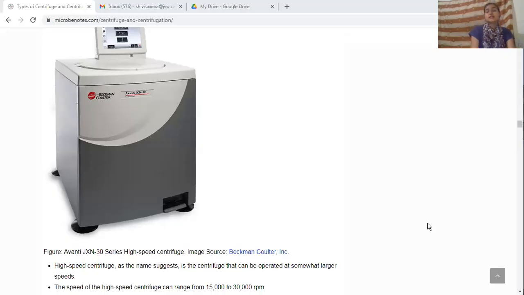Okay. Next, high speed centrifuge. As the name suggests, a high speed centrifuge is a centrifuge that can be operated at somewhat larger speeds.